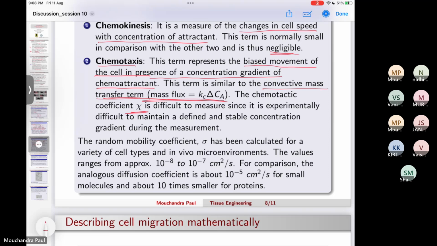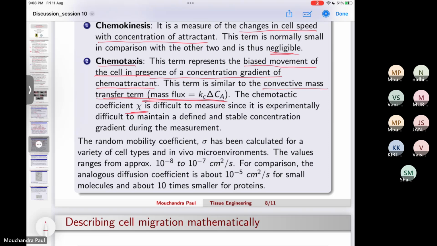You won't be able to get a stable gradient that is maintained for some time period, and within this time period you also have to observe the cell migration process. So it is difficult, but it is not impossible. People have done it by optimizing the conditions.